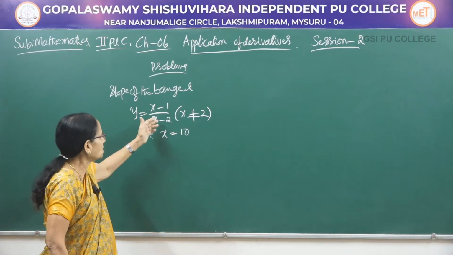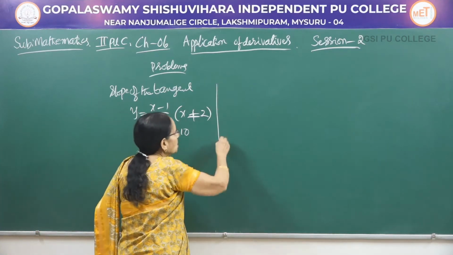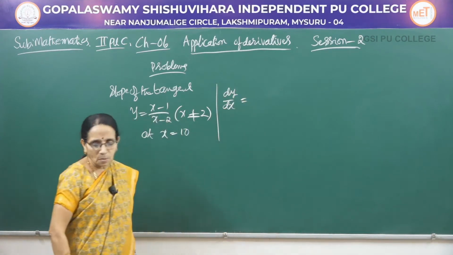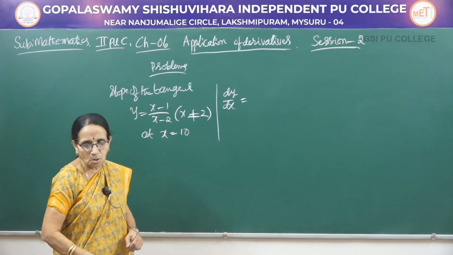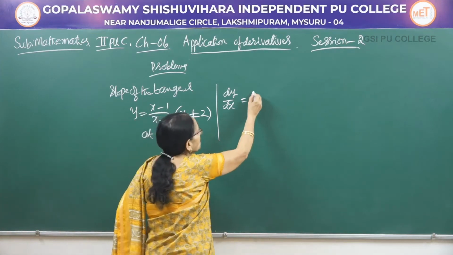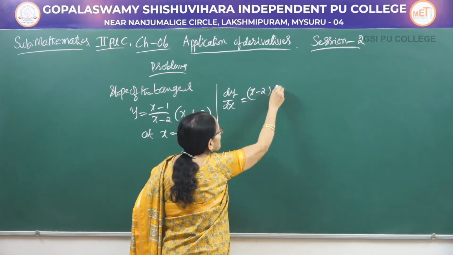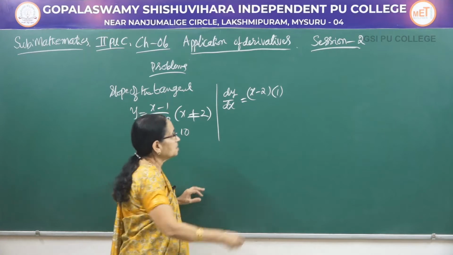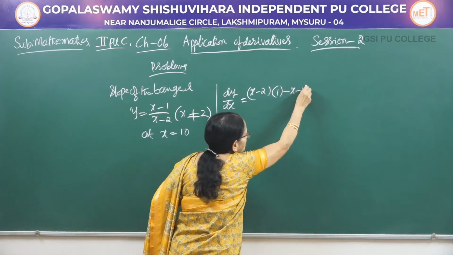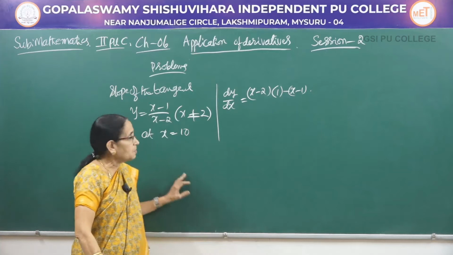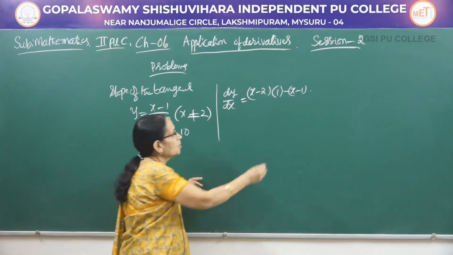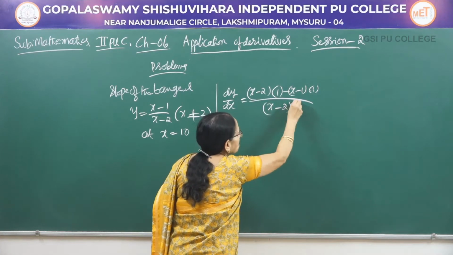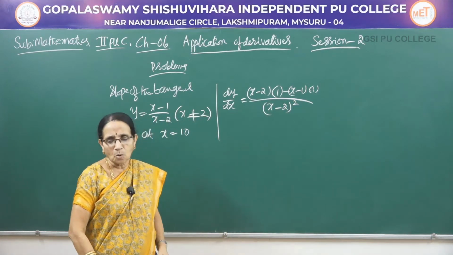Therefore, dy by dx would be equal to the denominator, x minus 2, into the derivative of the numerator, which is 1, minus the numerator, x minus 1, into the derivative of the denominator, which is also 1, divided by the square of the denominator, x minus 2 the whole square.